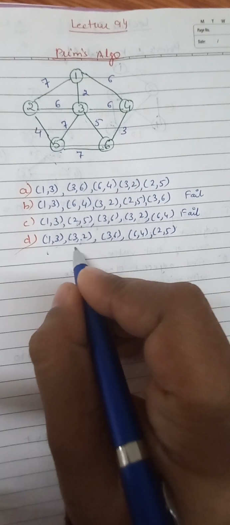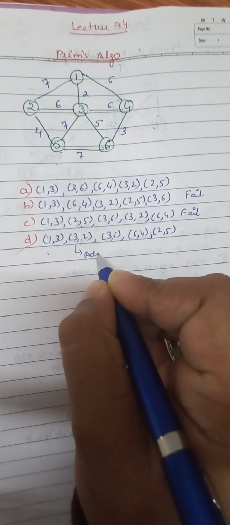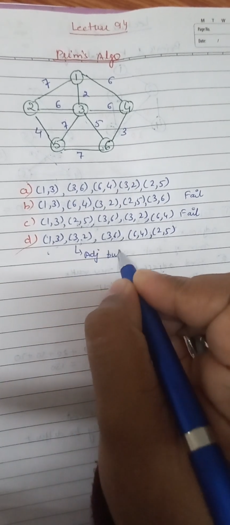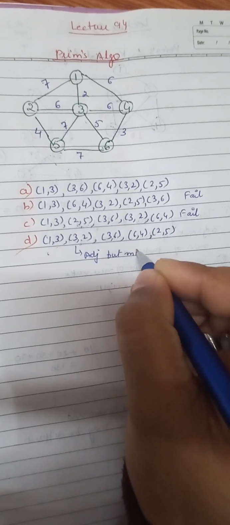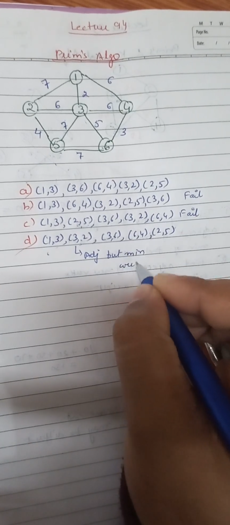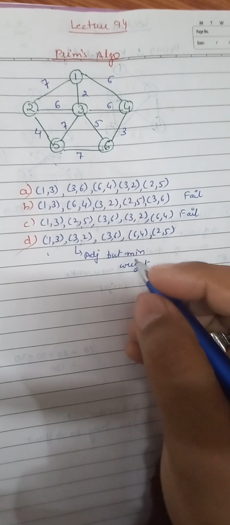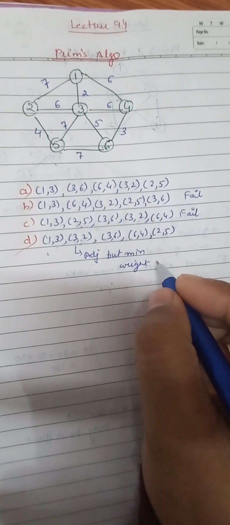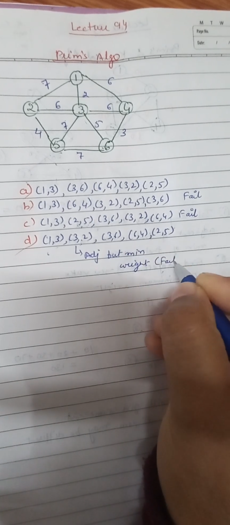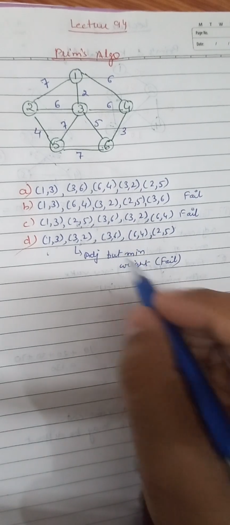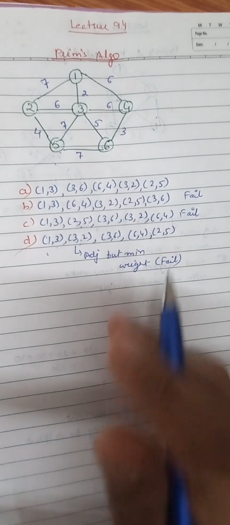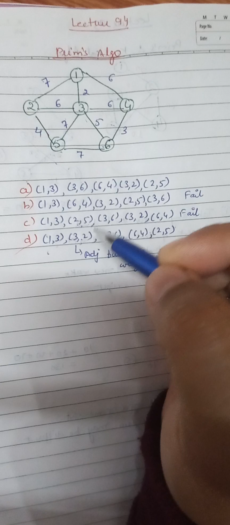So we can say this is adjacent, but minimum weight fails. So this is also not an answer. In that way we can eliminate the answers.